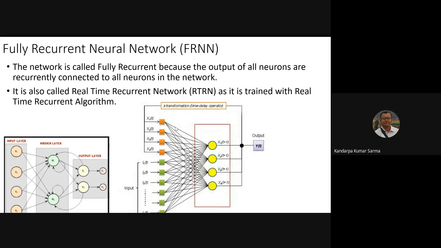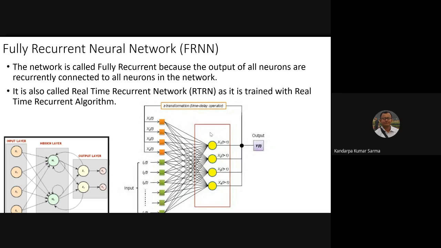So here is a diagram of a fully recurrent network. You might be seeing clearly that all the neurons will have feeds from the feedback and the feed forward paths. When all the neurons are receiving feeds from the feedback and the feed forward paths, then you get a fully recurrent neural network. This is trained with a method called the real-time recurrent algorithm, the RTRA.